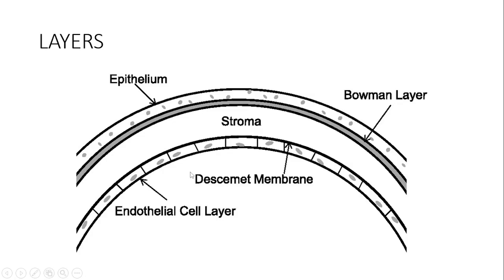Now, we'll describe a few things about each of these layers for better understanding. All epithelia in the body have their description, and that of the cornea is not an exception. The epithelium of the cornea is stratified. When I say stratified, it means that it has layers. The corneal epithelium has 5 to 6 layers of cells.